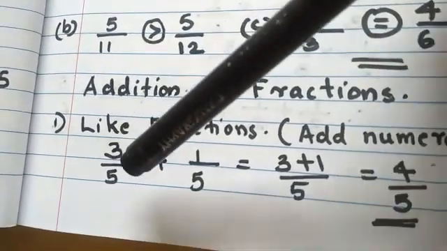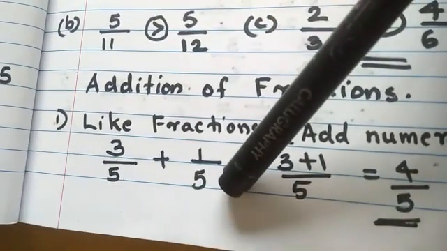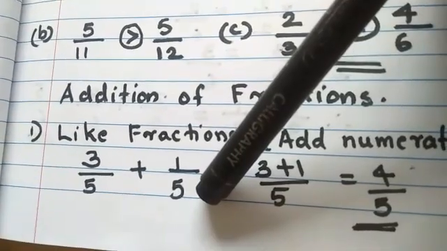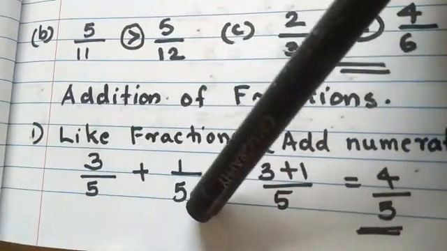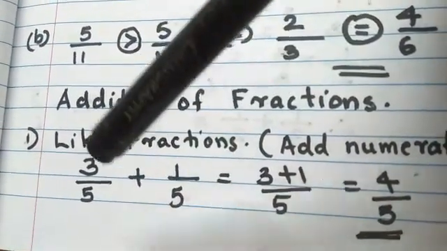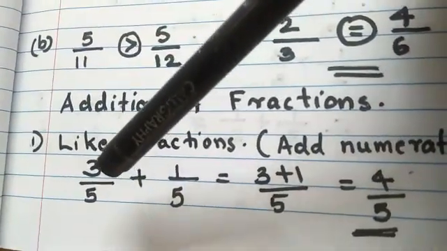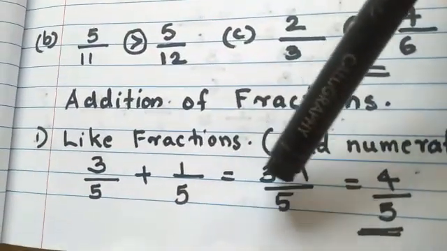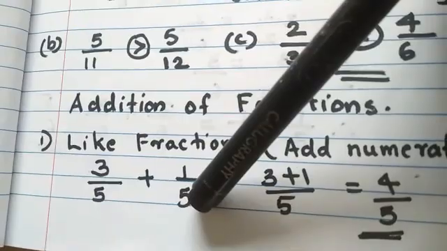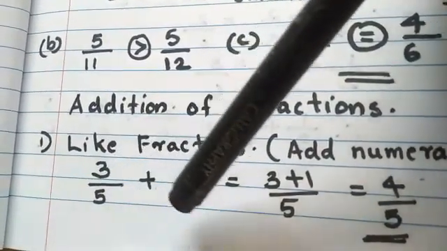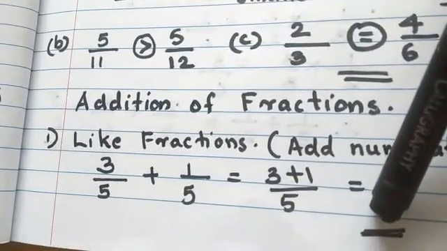Children, don't add denominators. Some children add the denominators also, it is not correct. So you must add only the numerators, keeping the denominator the same.